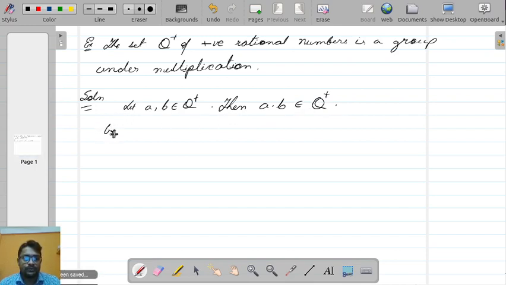Then we know multiplication of rational numbers is associative.